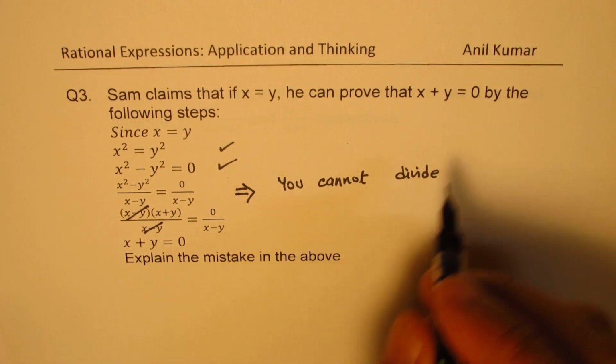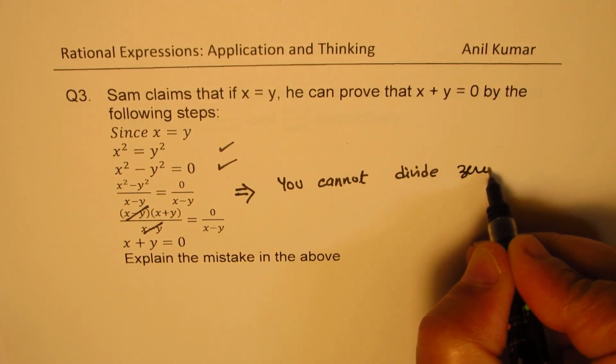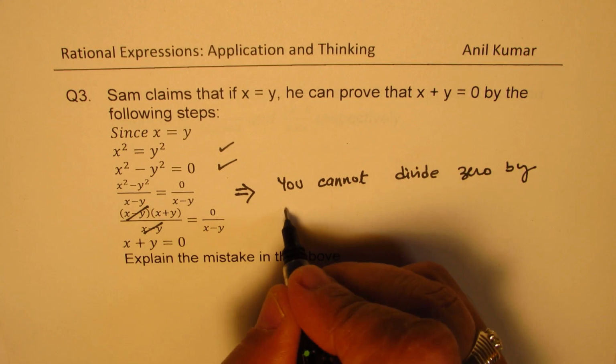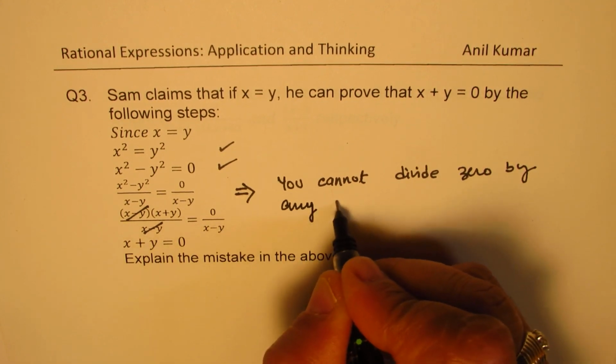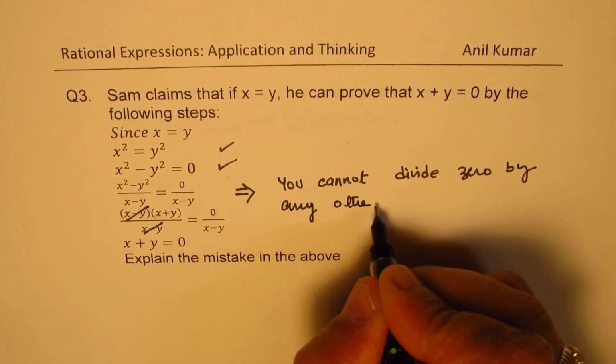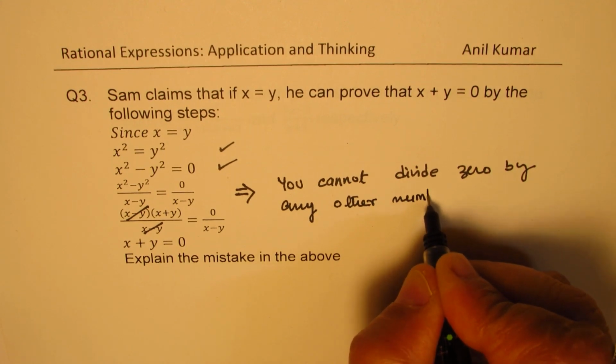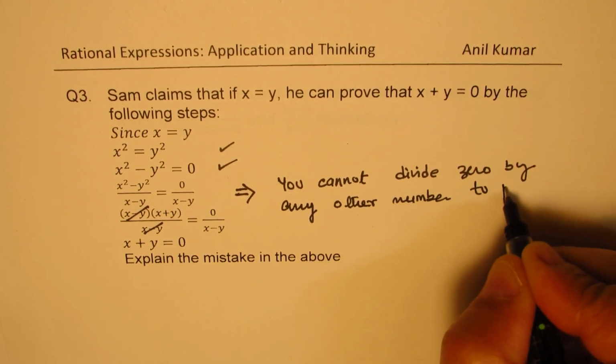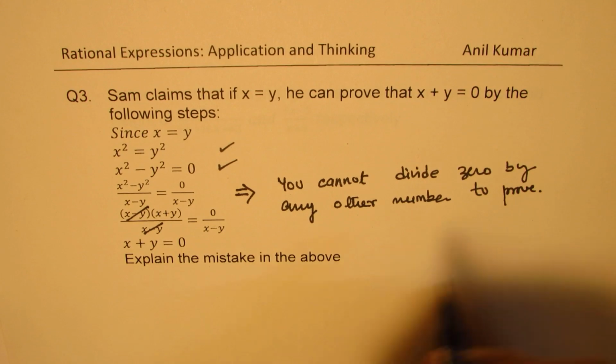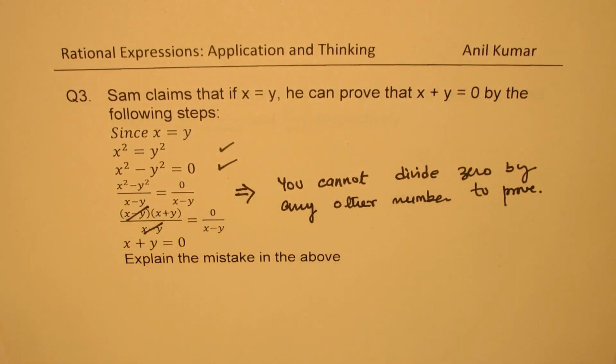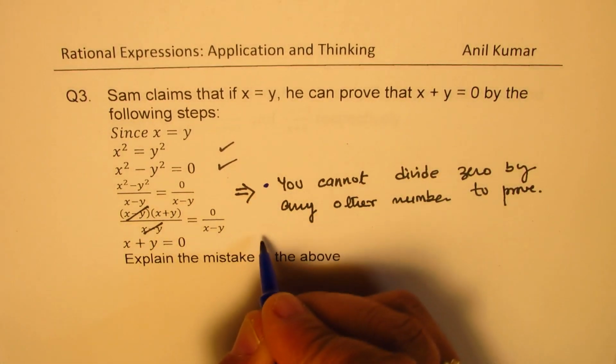So you cannot divide 0 by any other number to prove it. Well, that is one thing. The second thing, which is more critical here, is this.